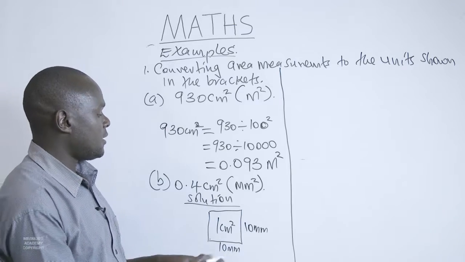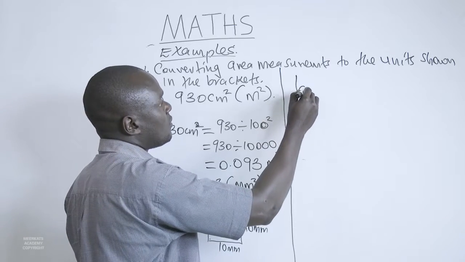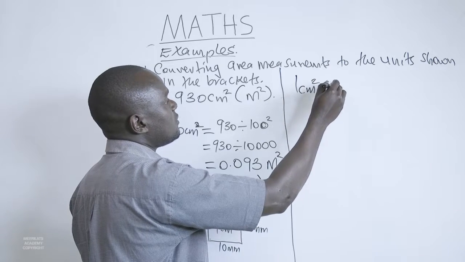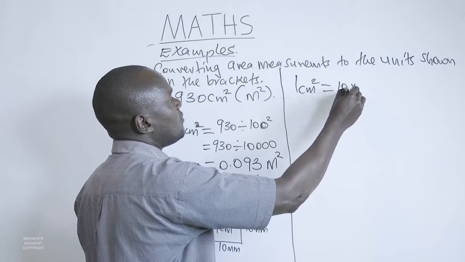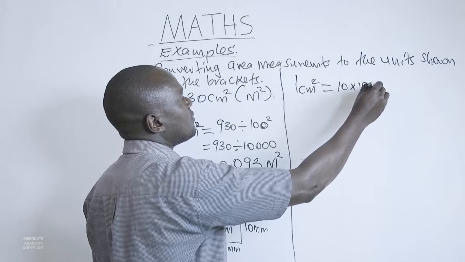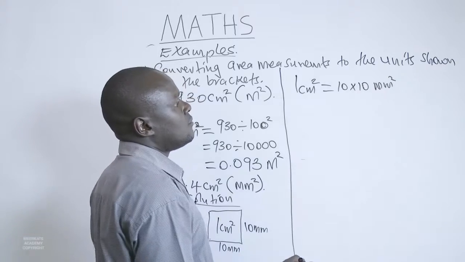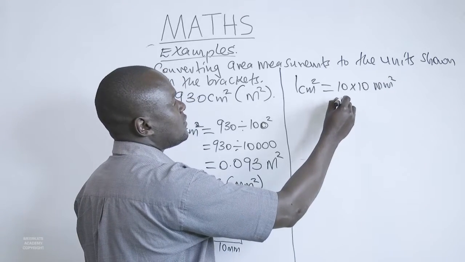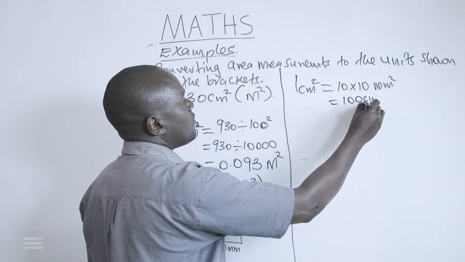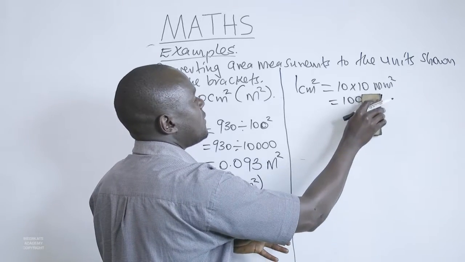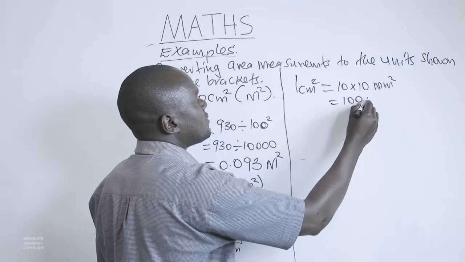So that when you multiply this, 1 square centimeter will be the same as 10 multiplied by 10. This will give us 100 square millimeters.